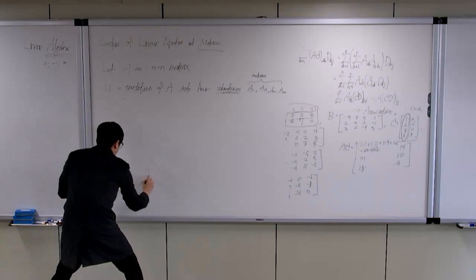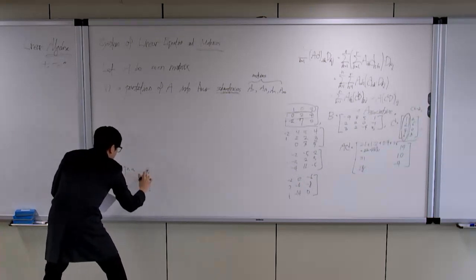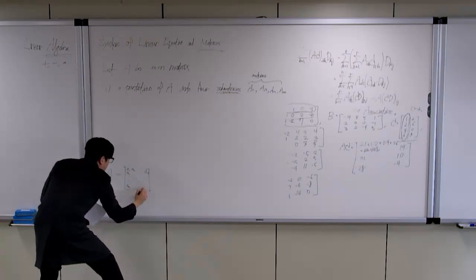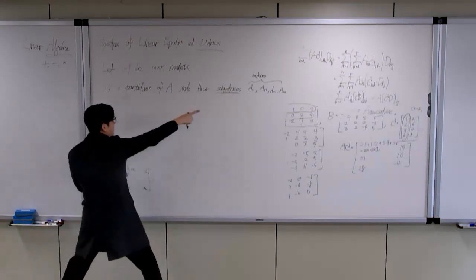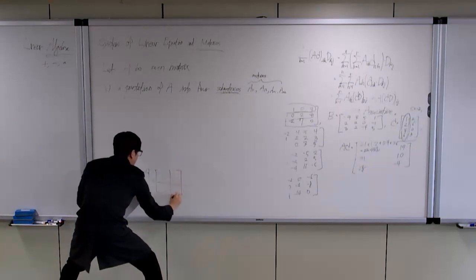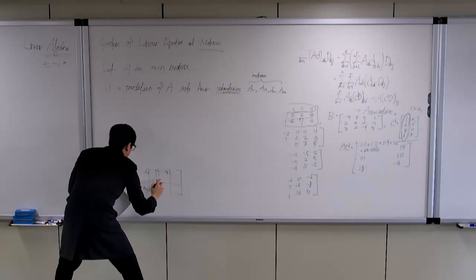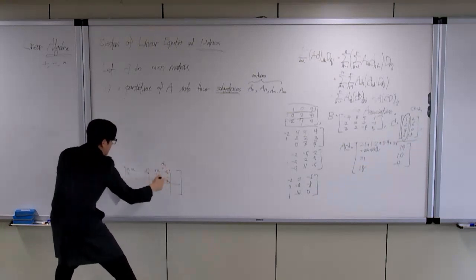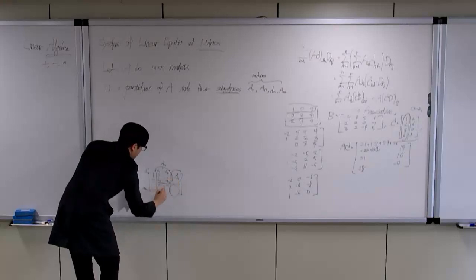So if matrix A is written A11, A12, up to A1n, and so on, if we denote A like this, then this matrix means a partitioned matrix, and each block is also divided as a matrix.